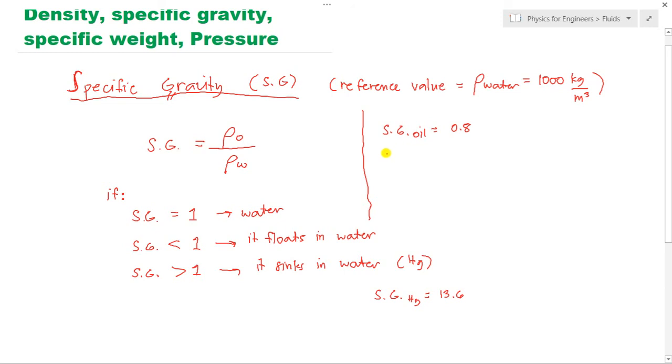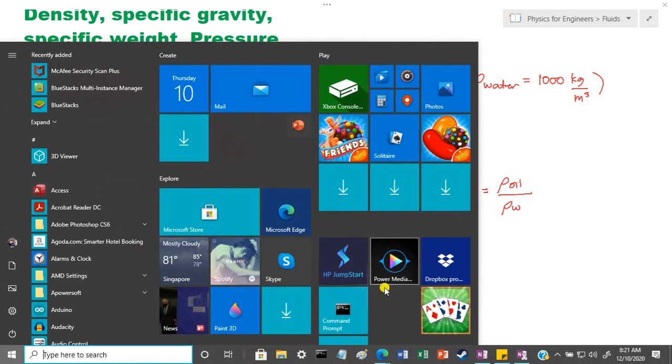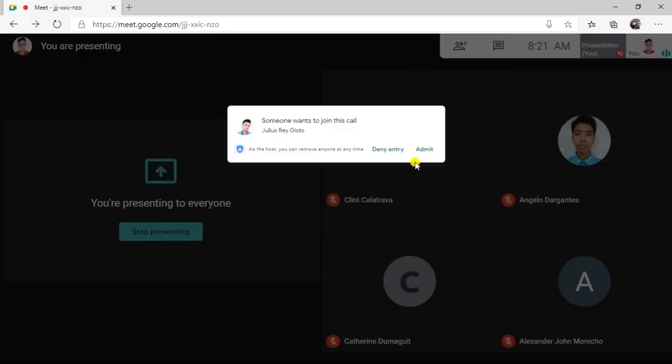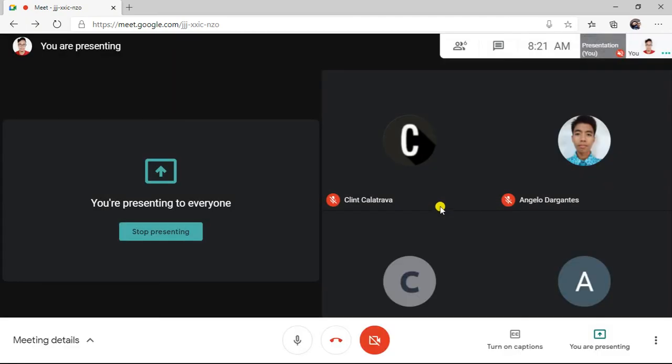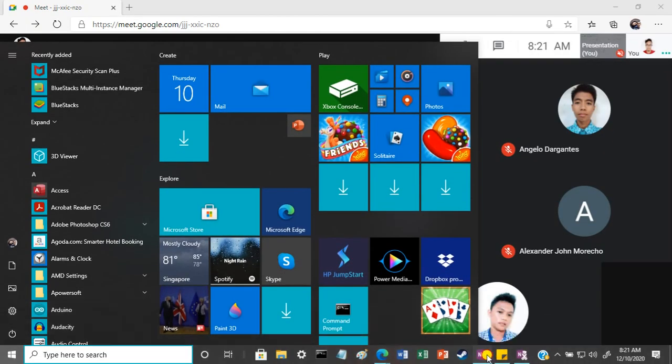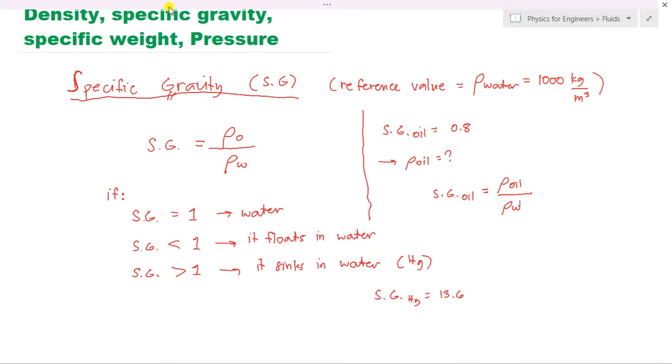water. Now, if we are going to find the density of that oil, you just use the formula of the specific gravity, because we know that the specific gravity of a certain object, in this example oil, is equal to the density of the oil over the density of the water.